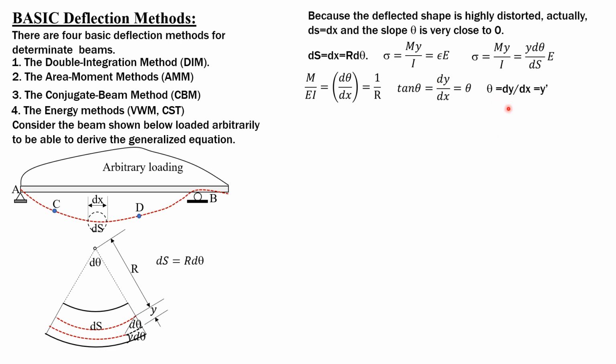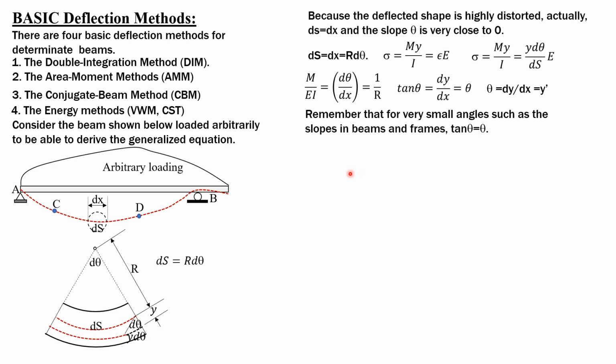So theta, which is dy/dx, is equal to y prime, the other expression for dy/dx. Remember that for very small angles, such as the slopes in beams and frames, tangent theta is practically equal to theta itself when converted to radians.